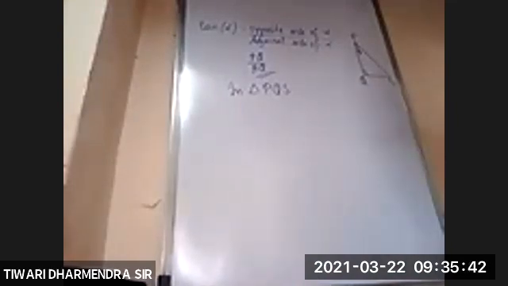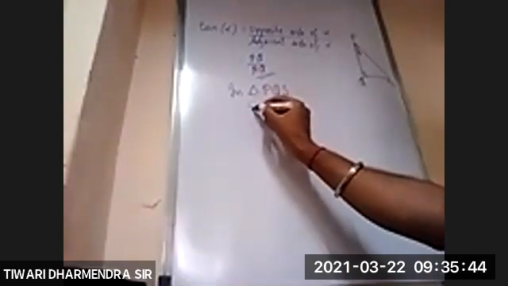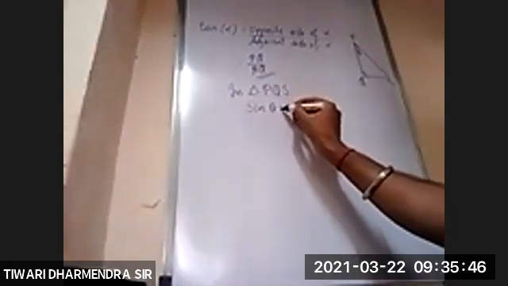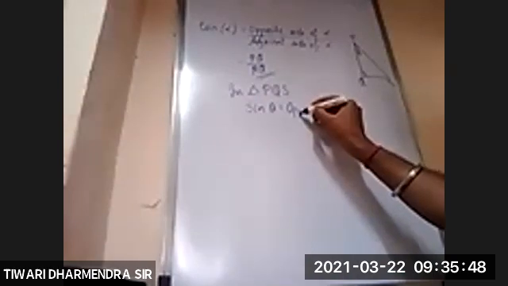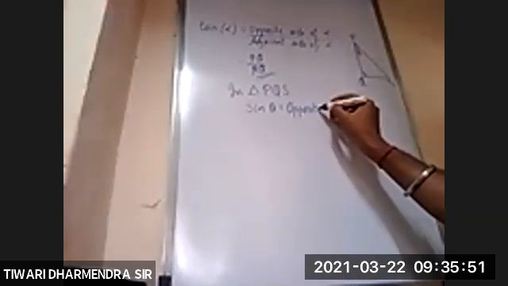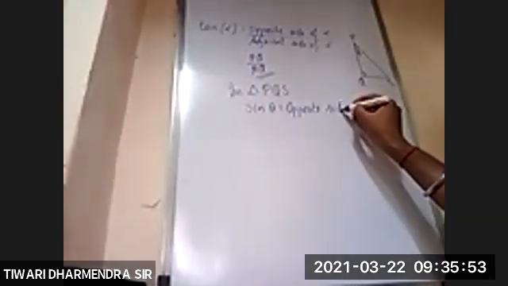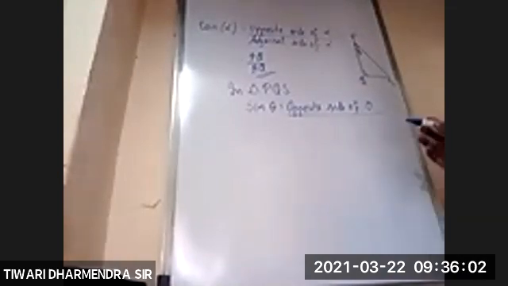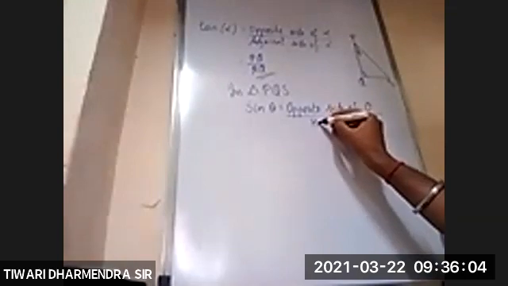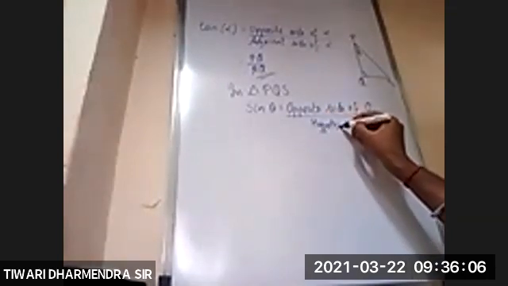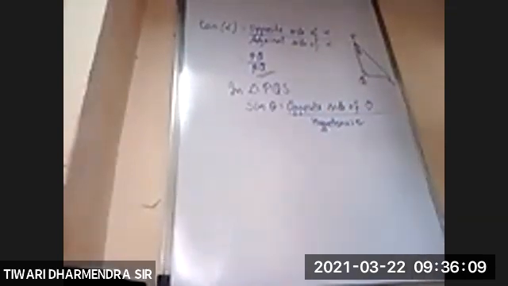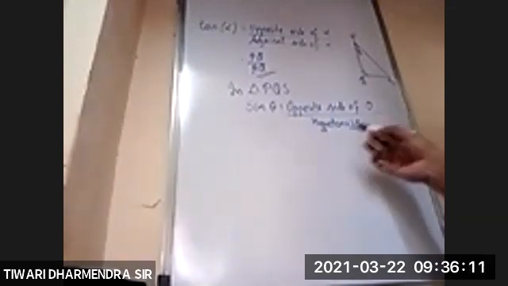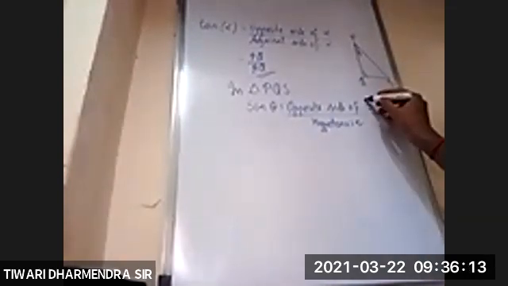In triangle PQS, they are asking us first to find sine theta. The formula is opposite side of theta divided by hypotenuse. If you want to write angle theta, that will do.